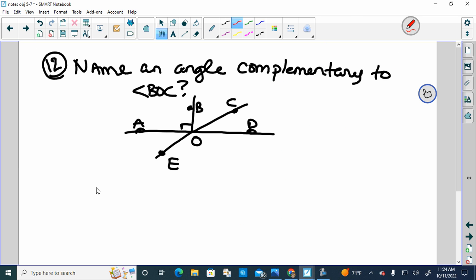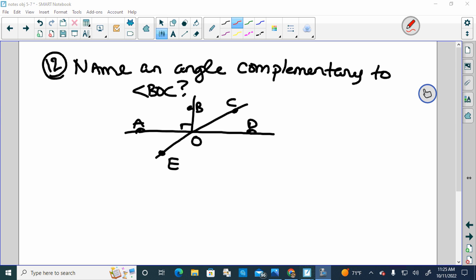Okay, so first problem, number 12. It says name an angle complementary to angle BOC. Just do your best at drawing this. It doesn't have to be an exact sketch, but get those letters in your drawing there.